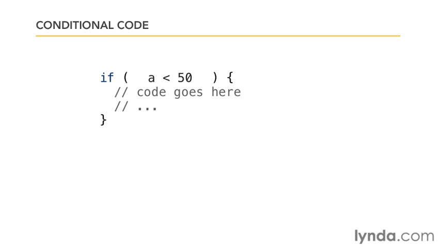So if I have a variable called a and I want to see if it's less than 50, I don't care what it is. I don't care if it's 49 or -5 million or 50.0001. All I want to know is: is this true or is it false? Is a less than 50 or isn't it? Is b more than 20 or isn't it? All conditions must boil down to simply true or false.